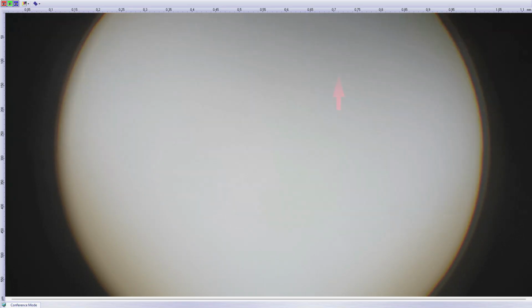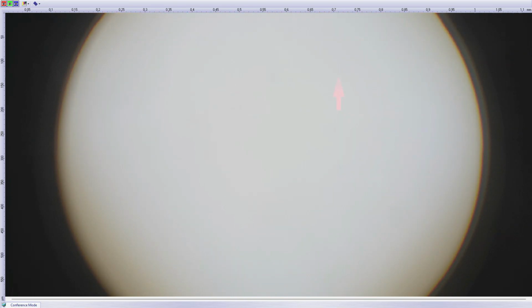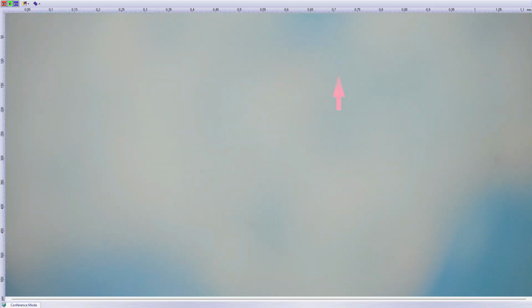And when we went back to cytology, we can see really uniform cells, which could be called centrocytes. So this is just follicular lymphoma, grade 1, 2.